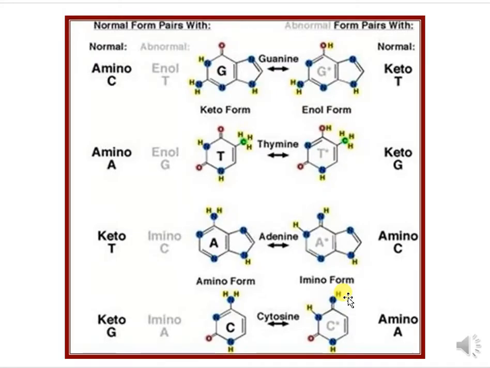So this is a diagrammatic representation of the nitrogenous bases and their possible tautomeric states. So you have these amino forms, you have ketonic states, and then here you have their normal pairings, and then you have the abnormal pairings.